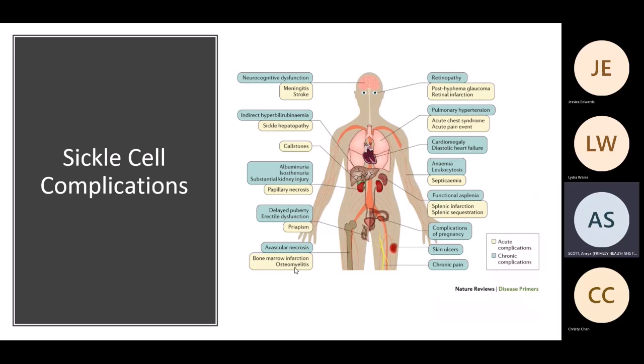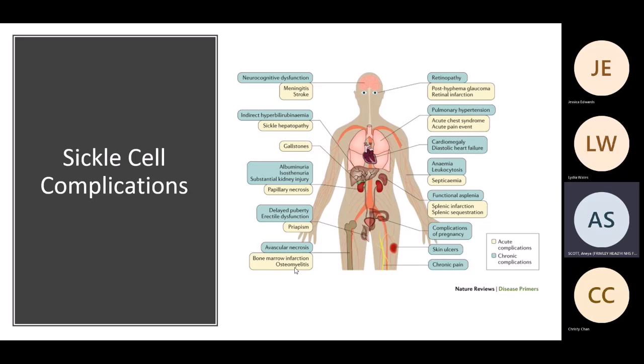And there are lots of different complications of sickle cell. Sickle cell patients are way more likely to have strokes. At least 50% of sickle cell patients are going to have at least one episode of an acute chest crisis in their lifetime, which is when you get clots in the chest, sometimes associated with infection and sometimes not.